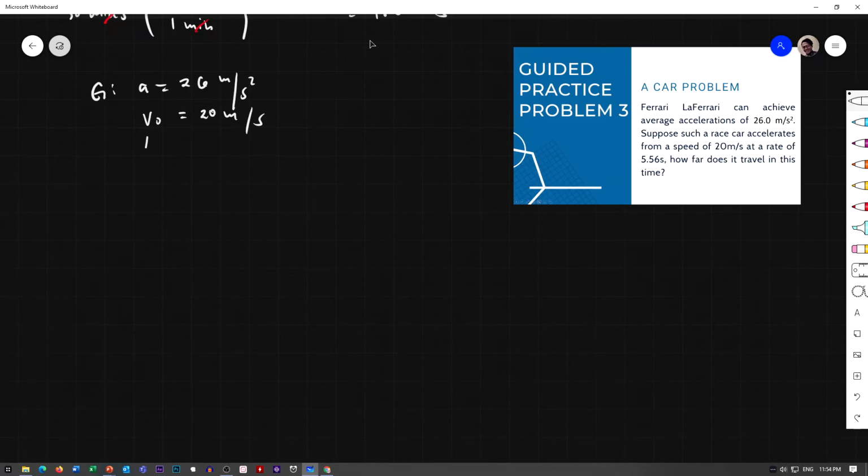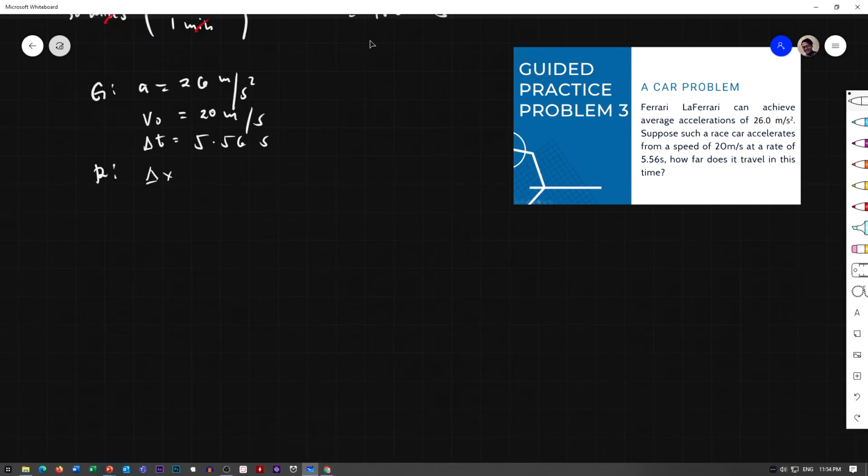All right, and then our time is 5.56 seconds. There. So what we want to find out is how far. So that's again displacement. Okay. So take a look at our table.